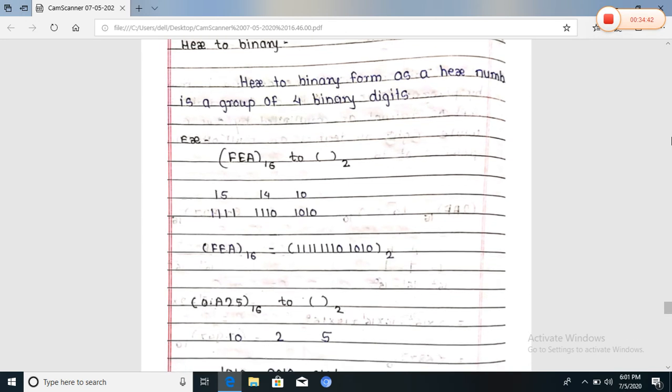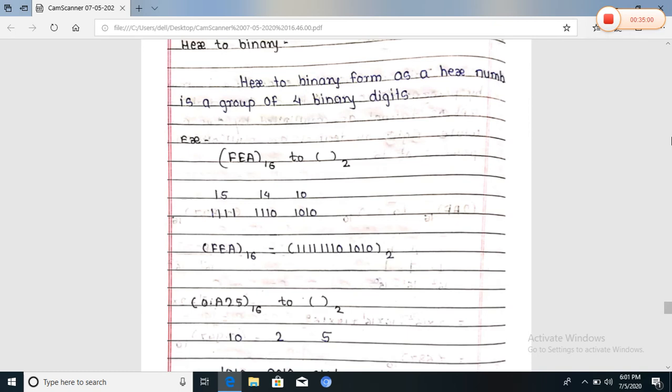So hexa to binary conversion: each hex digit is a group of 4 binary digits. The total answer for FEA is 1111 1110 1010, this is base 2, the conversion from hexa to binary.